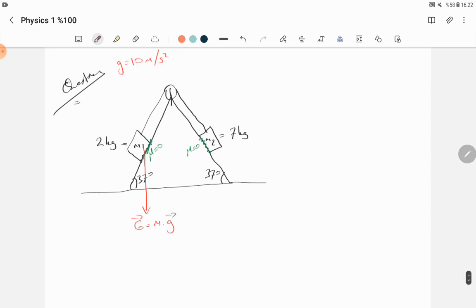Our gravitational force has two projections, the first one in this direction, and the other one in this direction, and these projections have a right angle.